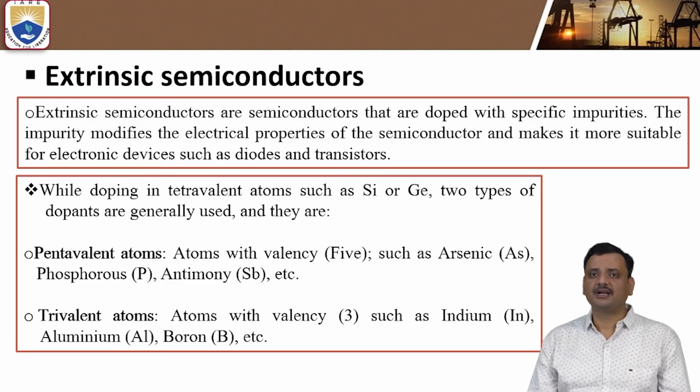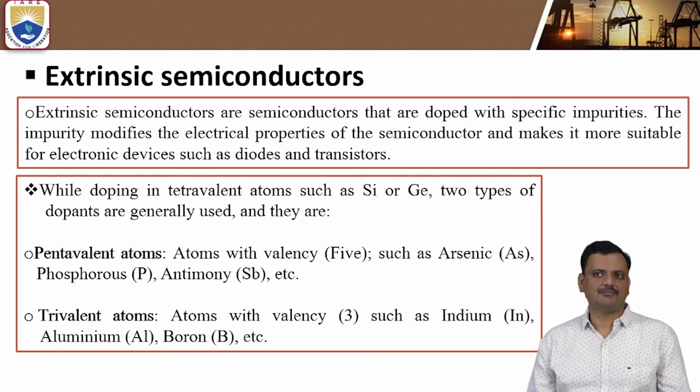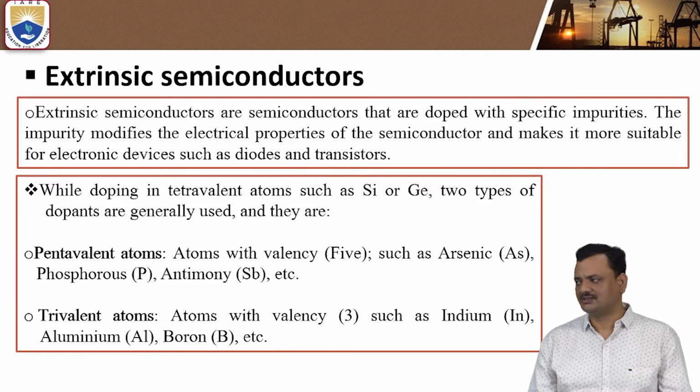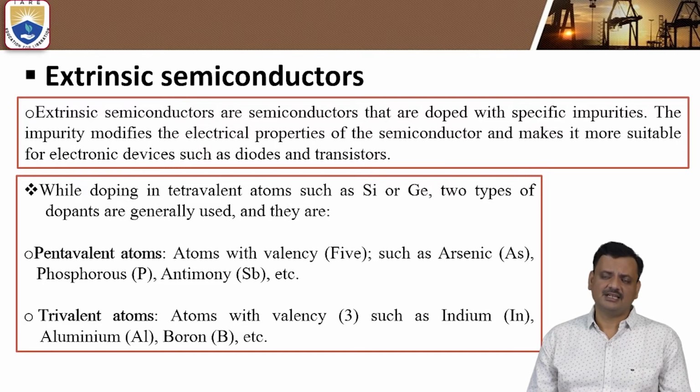Now extrinsic semiconductor. Extrinsic semiconductors are semiconductors that are doped with specific impurities, and the impurity modifies the electrical properties of the semiconductor and makes it more suitable for electronic devices such as diodes and transistors. So the same thing is written here as I told earlier.